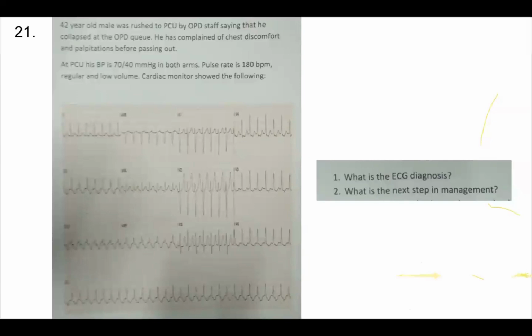So in that state, if you give AV node blocking agents, it can be calcium channel blockers, beta blockers, amiodarone, whatsoever, you name it, the patient can develop VF. So there's a risk of VF if the patient has a rapidly conducting accessory pathway and the patient has atrial fibrillation, what we call pre-excited AF.